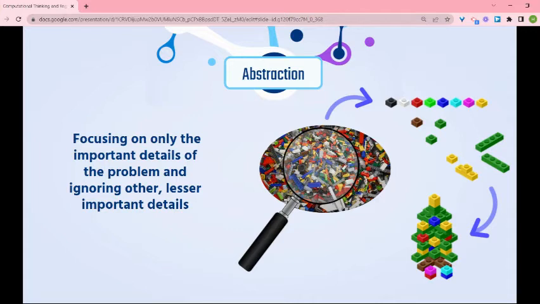Abstraction, I think in and of itself, when we talk about abstract concepts or abstraction, this is often the hardest one for students to really grapple with, but it's focusing on only the important details of the problem and then ignoring other lesser important details.